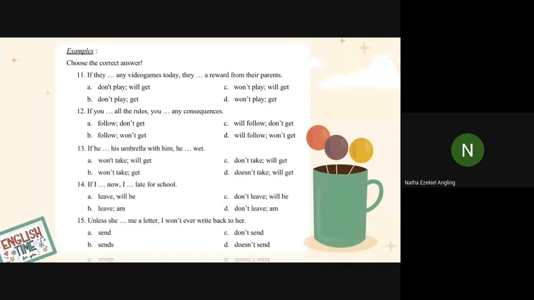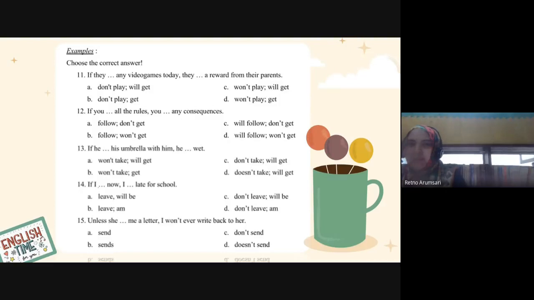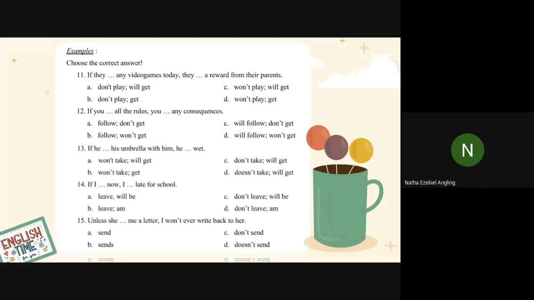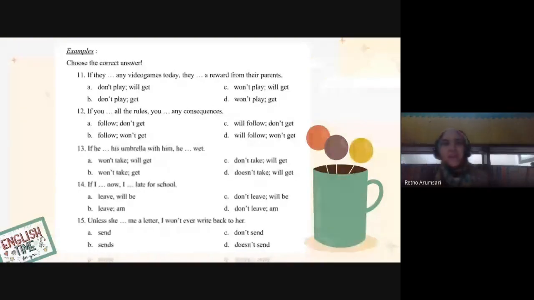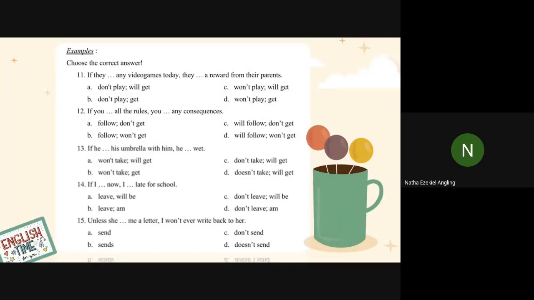If they don't play, if they play today, they will get.